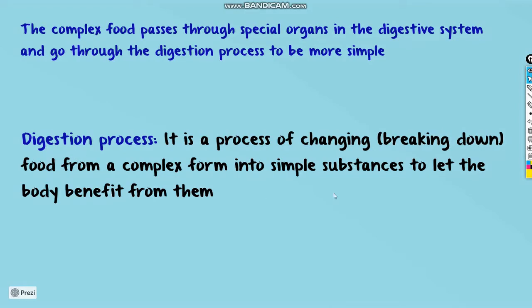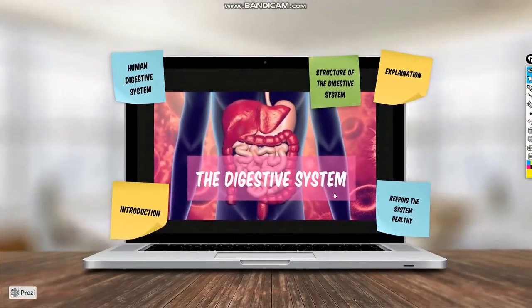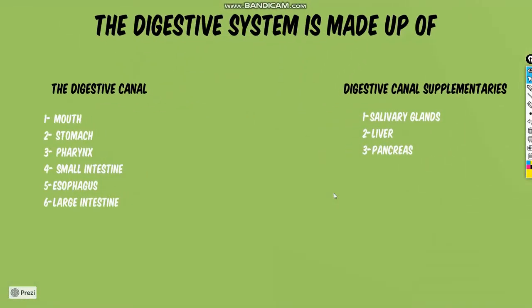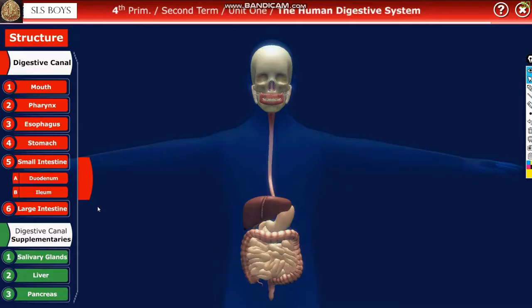Okay, so let's get to know the digestive system. The digestive system is made up of two parts. The first part is called the digestive canal. It consists of the mouth, stomach, pharynx, small intestine, esophagus, large intestine.